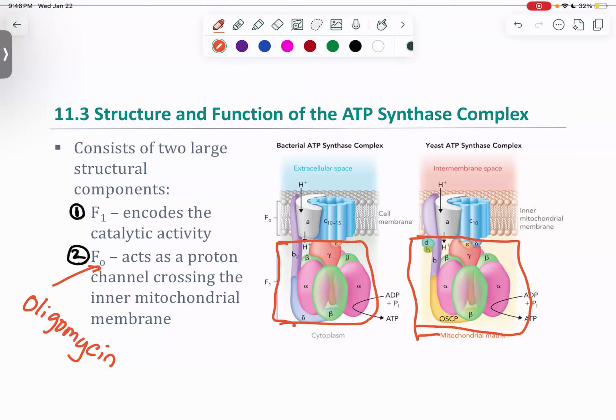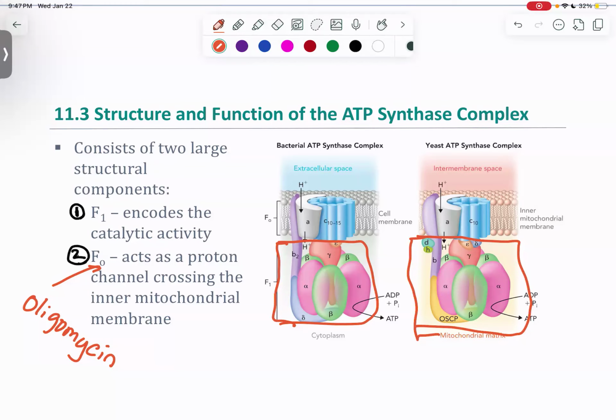You don't have to memorize this, but oligomycin is a poison that is specific for bacteria that will inhibit the F naught channel, that part of the complex. And so that's why it was named that way.